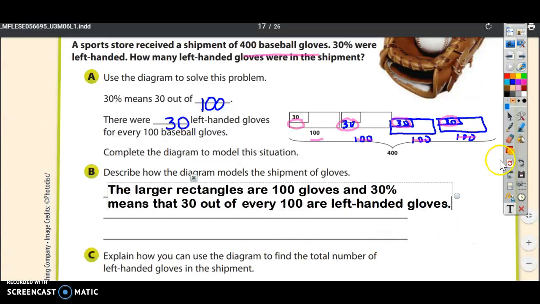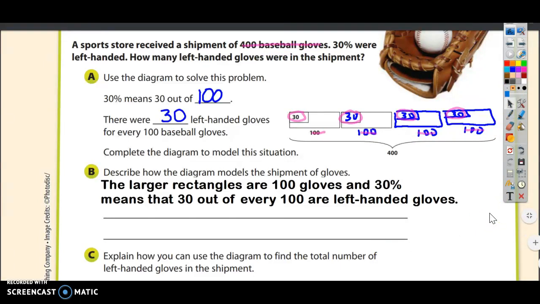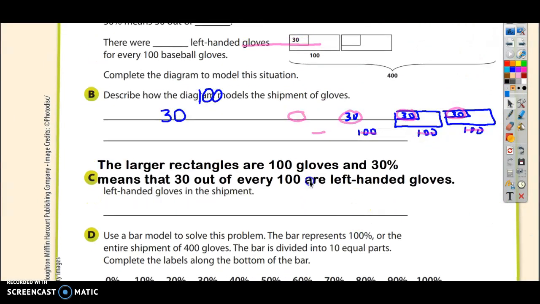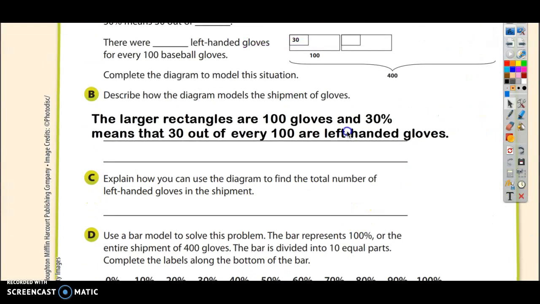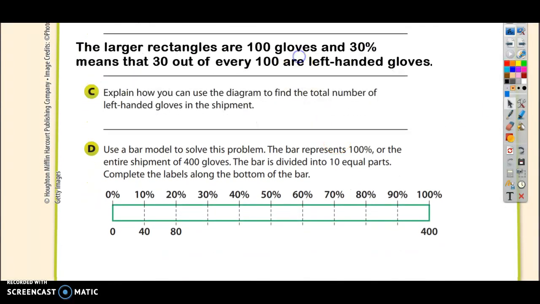All right, let's move on to question C. Try and do C and D here. I'm going to leave that answer right there.